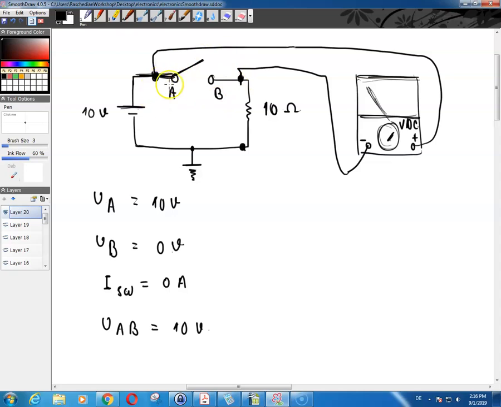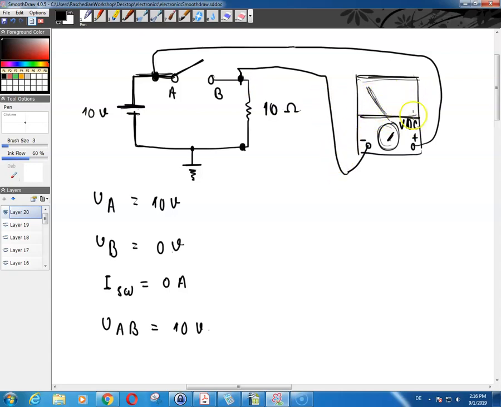It's going to give you the whole power supply voltage, because this point is connected to the positive pole of the battery, and the negative pole of the battery is connected through this wire over here. And so you would read basically 10 volts on your voltmeter.